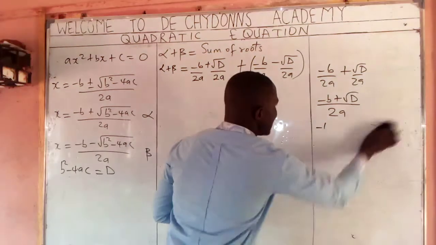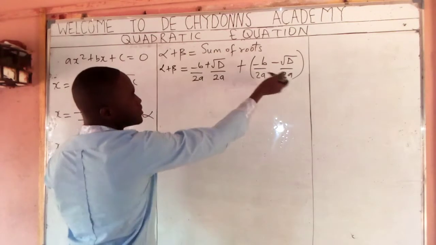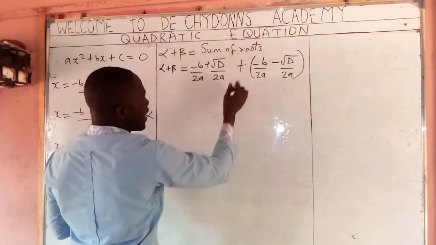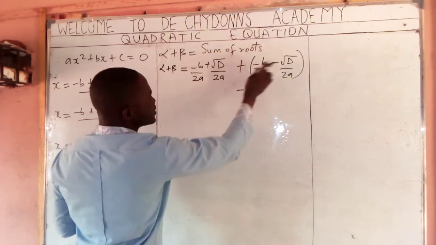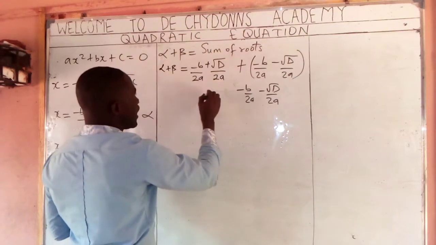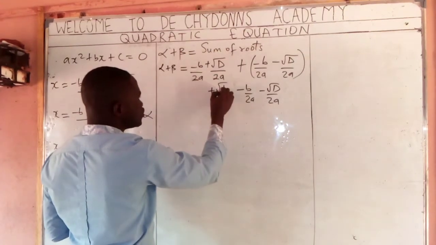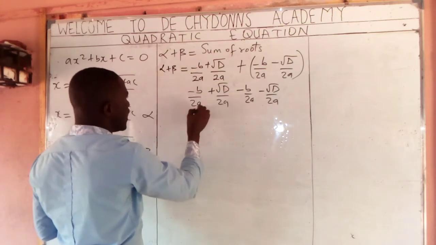Okay? Knowing that this is correct, I can now add minus b over 2a plus root D over 2a, and minus b over 2a minus root D over 2a.